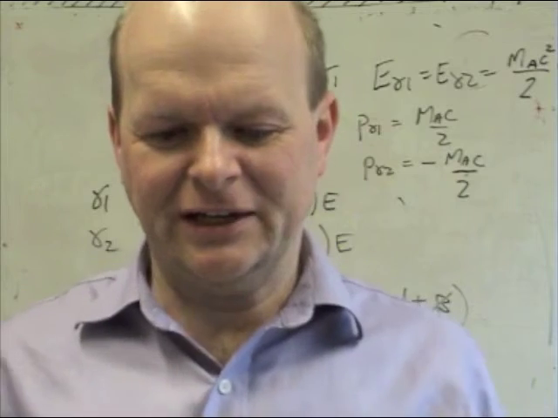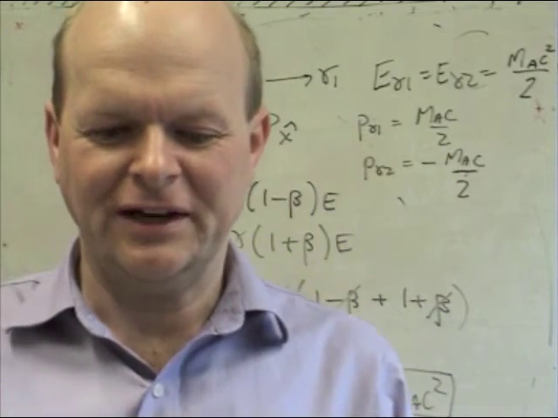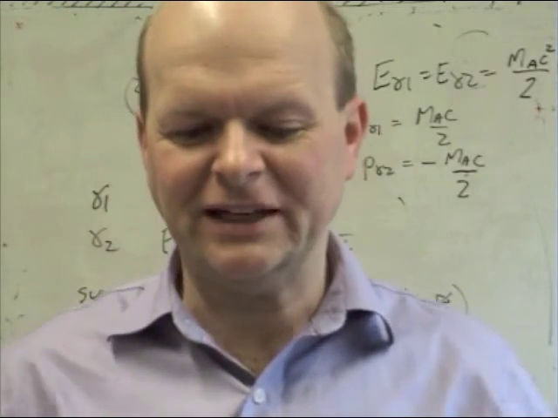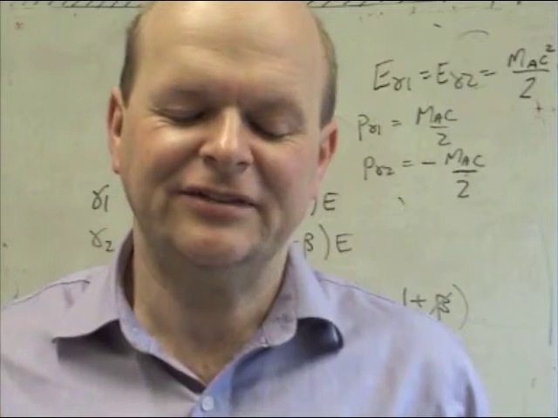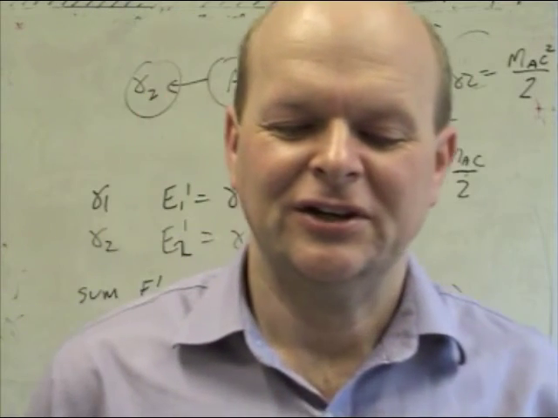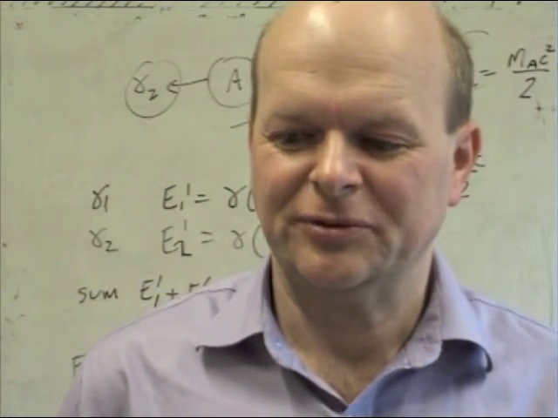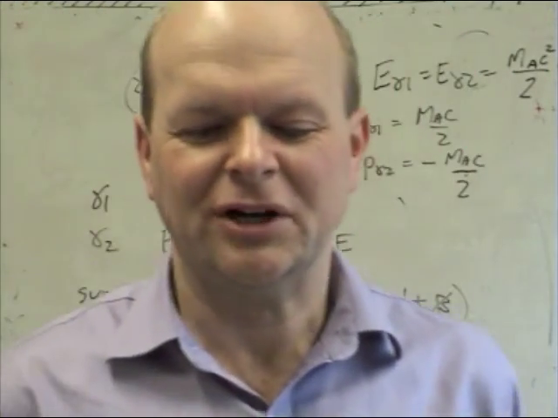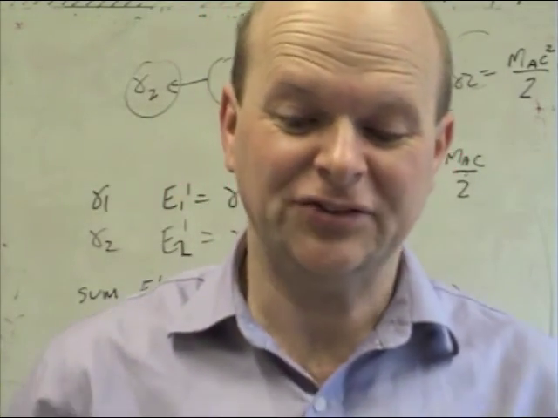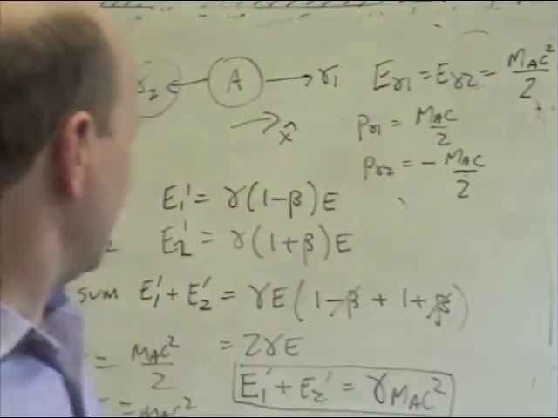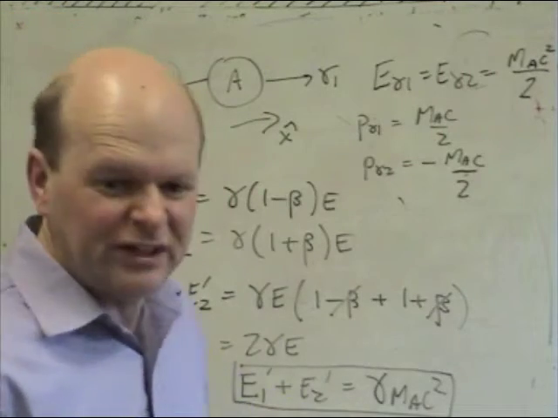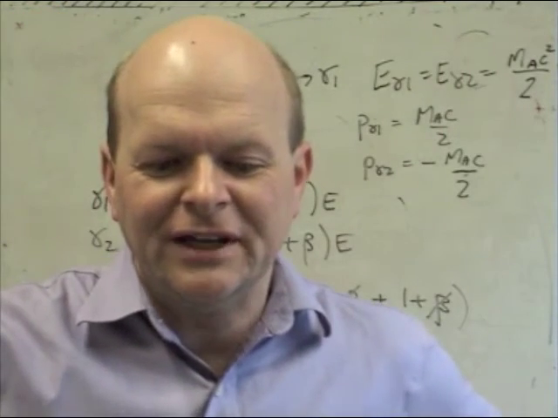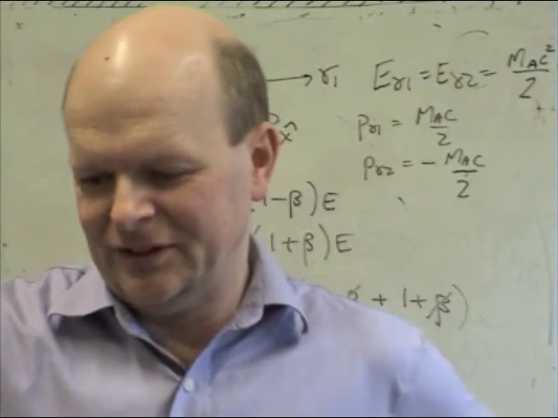Now after the decay all you've got is these two photons. I don't have any other energy, so the sum of the energies of those two photons is in fact the total energy of the original particle before it decayed, gamma times m a c squared. So the answer is that E gamma 1 primed plus E gamma 2 primed has to equal gamma times m a c squared. So you could have just written down this result instead of calculating it out like I just did.